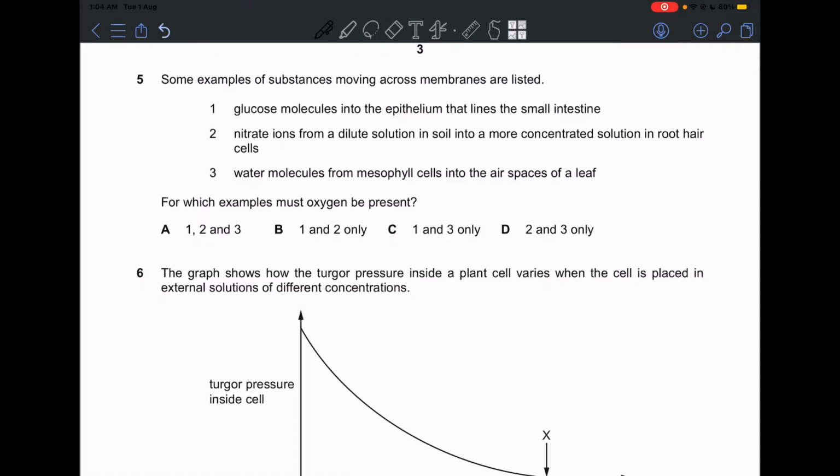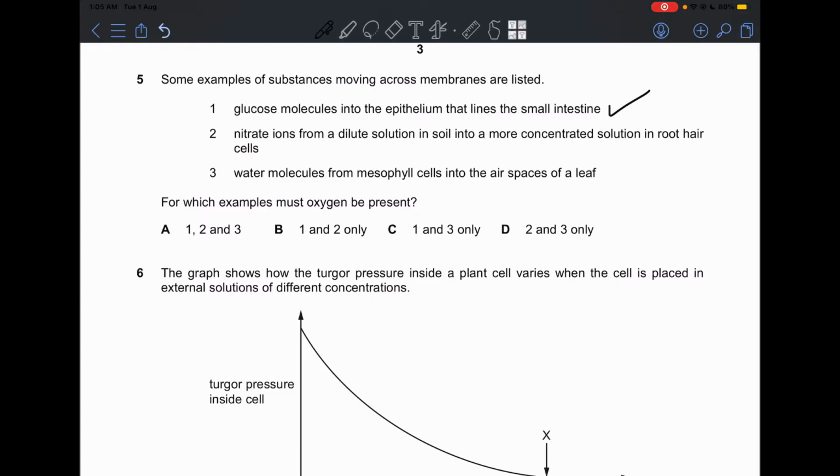Now, if oxygen is needed, this means that there is respiration. So active transport uses respiration, which uses energy. So right here, we're going to be looking for examples that have active transport. Glucose molecules into the epithelium that lines the small intestine. This is an active transport process, so we're going to be ticking it for now.